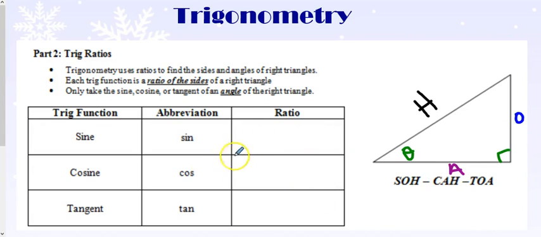When we're talking about sine, cosine, and tangent, they're going to use all of these relationships.